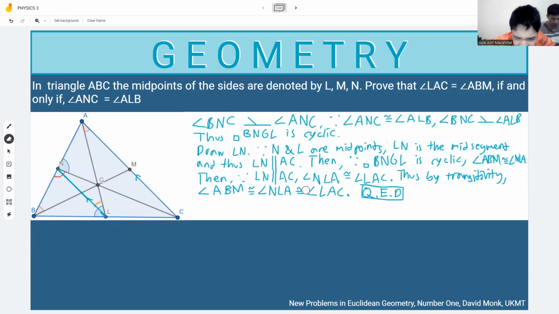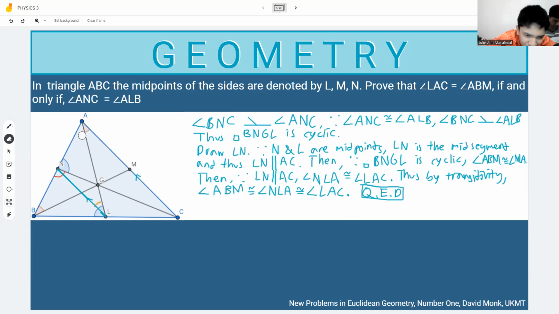It's basically that simple. LAC is congruent to ABM. Going back, NLA is congruent to LAC because LN is the midline, a mid segment, and LN is parallel to AC. Then because of that, NLA is congruent to LAC. So of course we get this angle back here again.